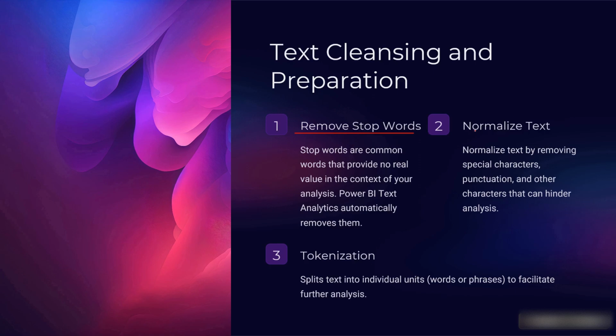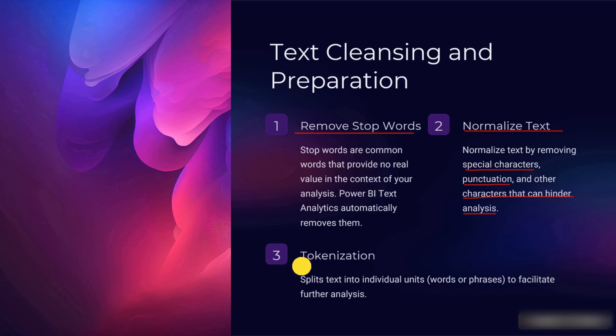Another one is normalize text. Normalize text by removing the special characters, punctuation and other characters that can hinder analysis. Sometimes there are special characters like @, trademarks, copyright, commas, parentheses, brackets. These kinds of special characters won't add any value, so it's better to remove them proactively.